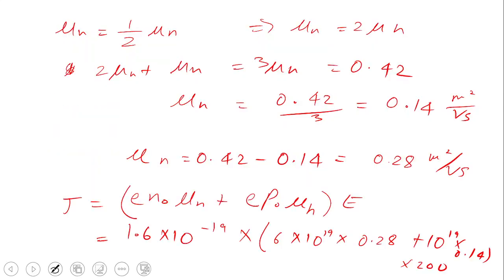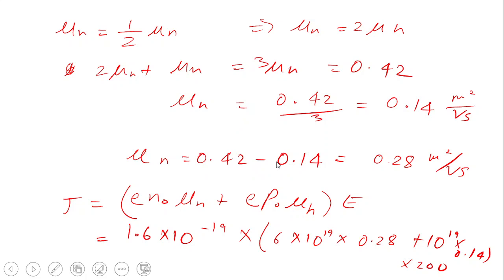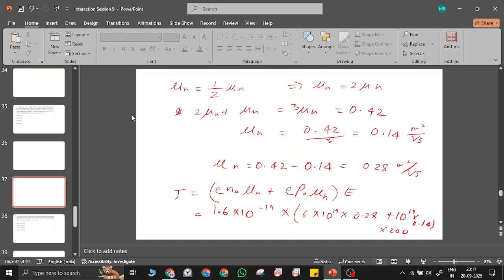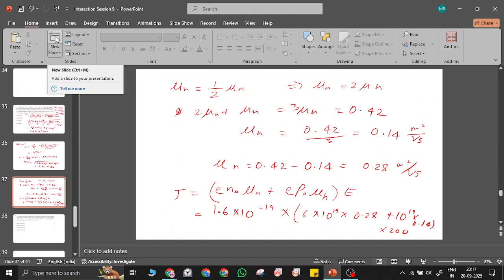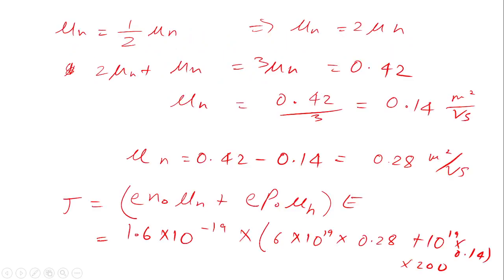When we do all this, the current density will become 1.6 times (6 times 0.28 plus 0.14) times 200, and after solving all this, 582.4 ampere per meter square will be the answer.